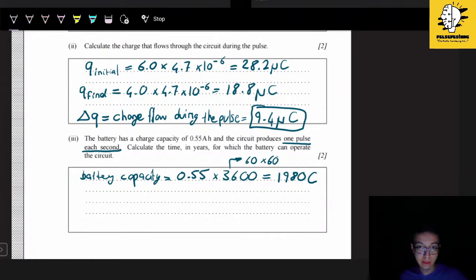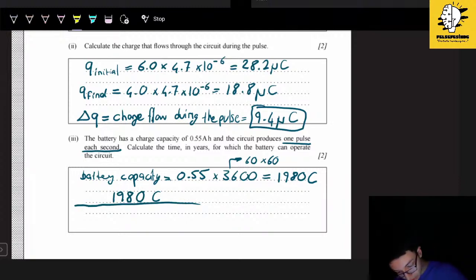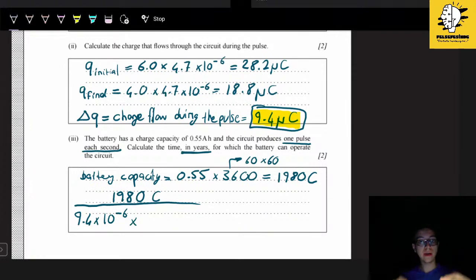Therefore we will say 1980 coulombs over 9.4 microcoulombs per pulse, which we previously found. So 9.4 times 10 to minus 6 coulomb times, since it says find them in years, 3600 times 24 times 365.